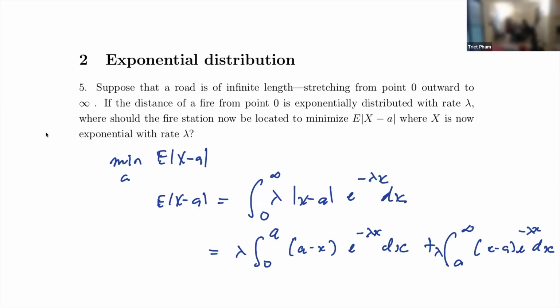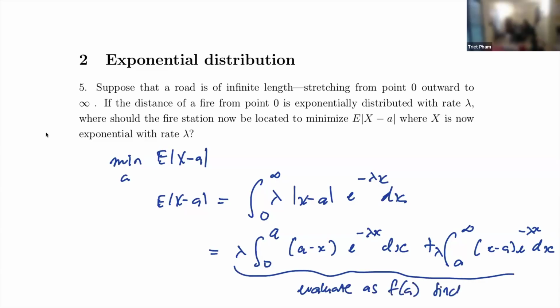So the next step will have to be to evaluate this as a function of A, and then find f prime of A and set it equal to 0. Correct?